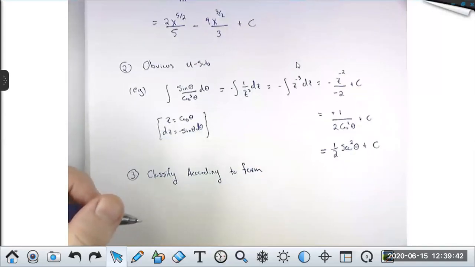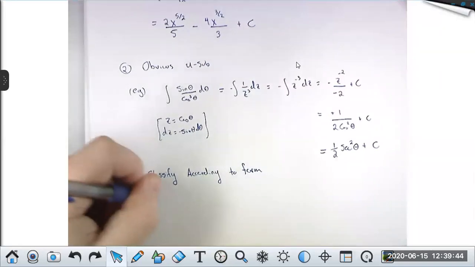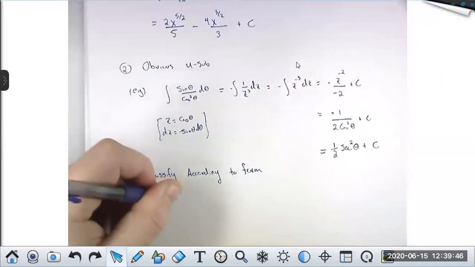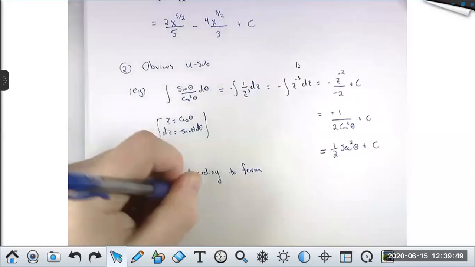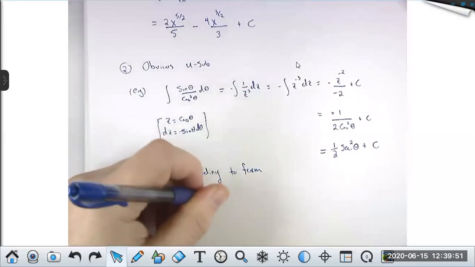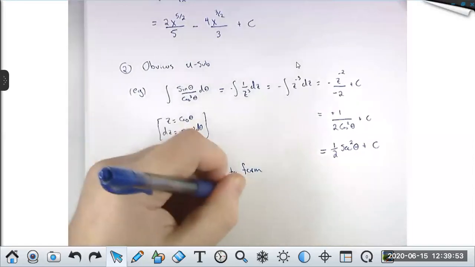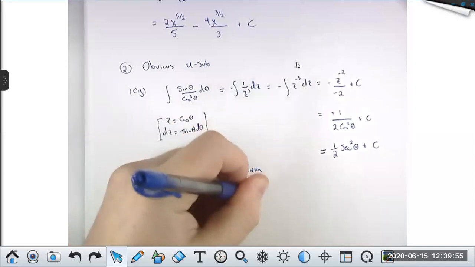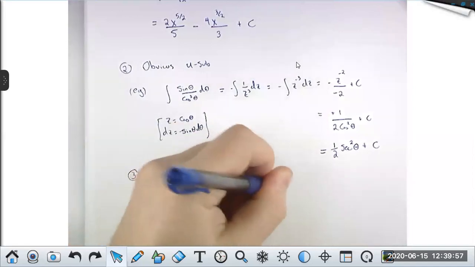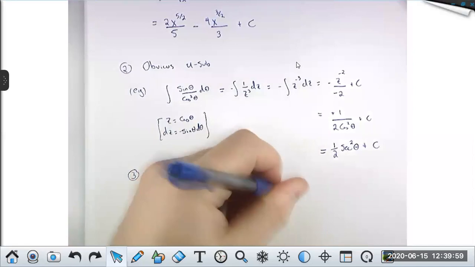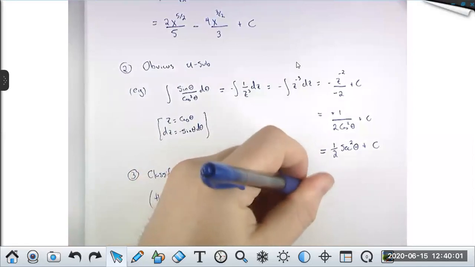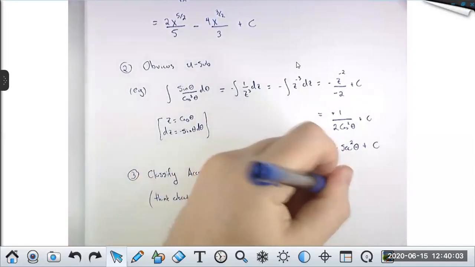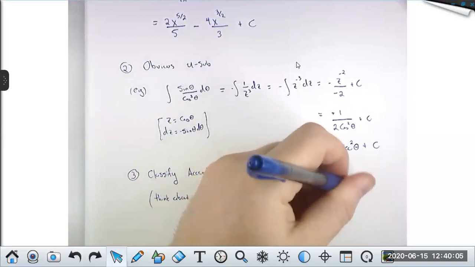So when we say classify according to form, we're going to mean think about 7.1 through 7.4. Is this a trig integral? What about, does it look trig subby?